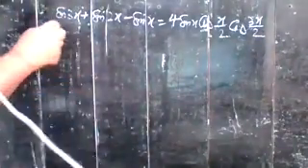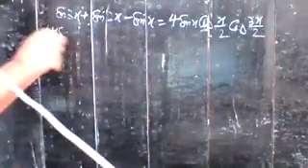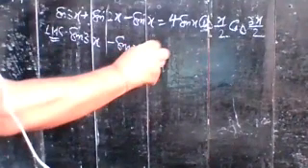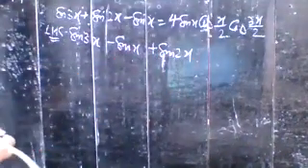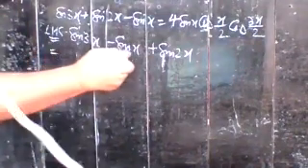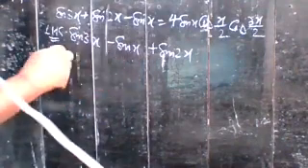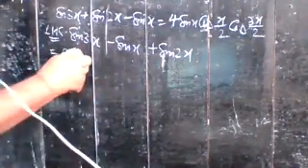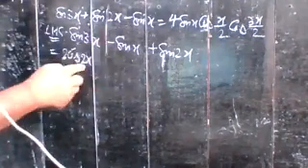So taking the left side and writing the first term here: sine 3x minus sine x plus sine 2x. You write it in this way, and here you apply the identity of sine x minus sine y, which is 2 cos (x plus y) by 2. So 4x by 2 means 2x.